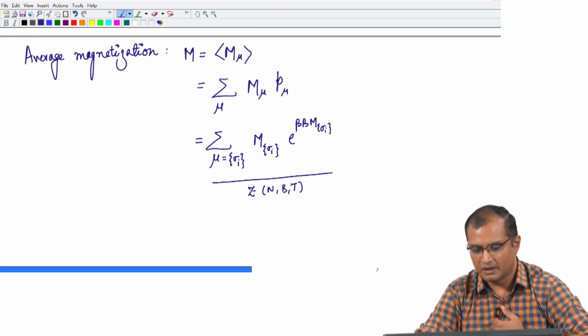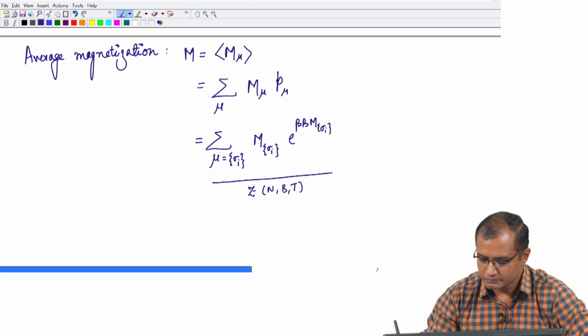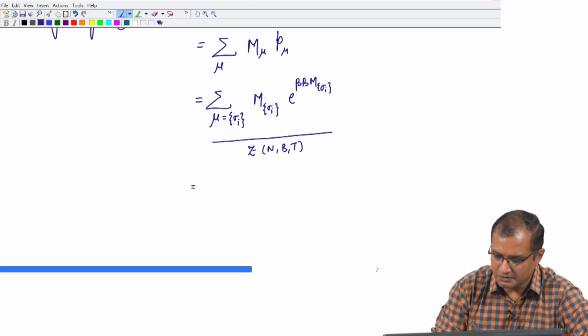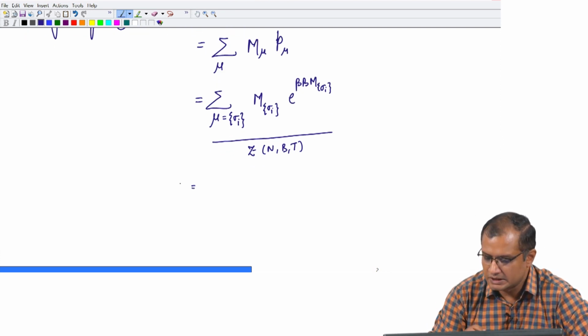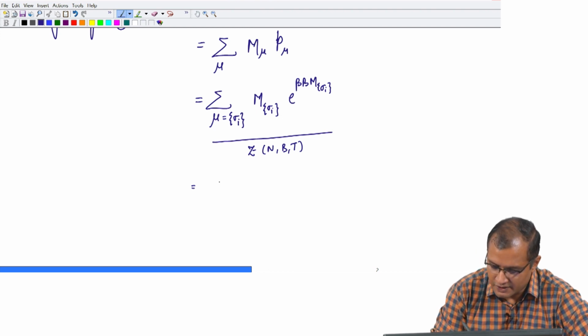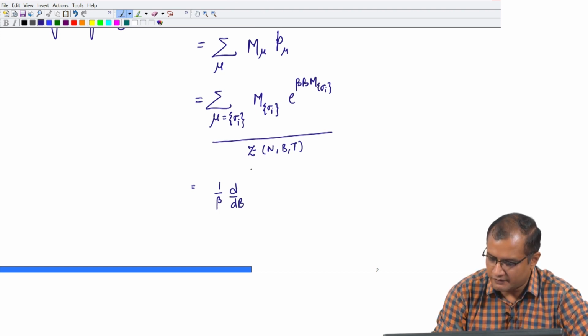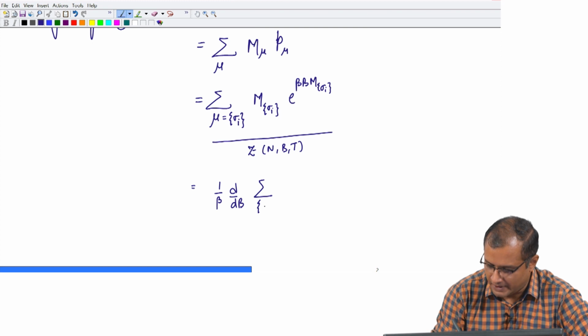Well, you know the trick here: you have to pull out an m, which means you have to take the derivative with respect to beta B. So, this is d by dB of exactly the partition function. This is my partition function that I am going to write down.